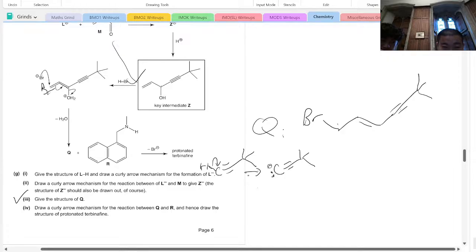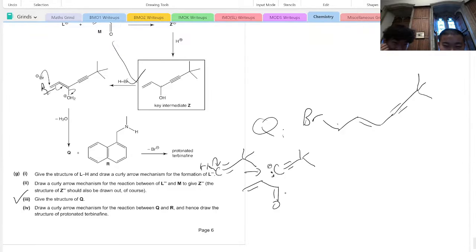I always like to draw out our reactants and products. Good first step. I think Z minus, the structure of Z. By the way, is my skeletal alright? It's legible. That's all it has to be.